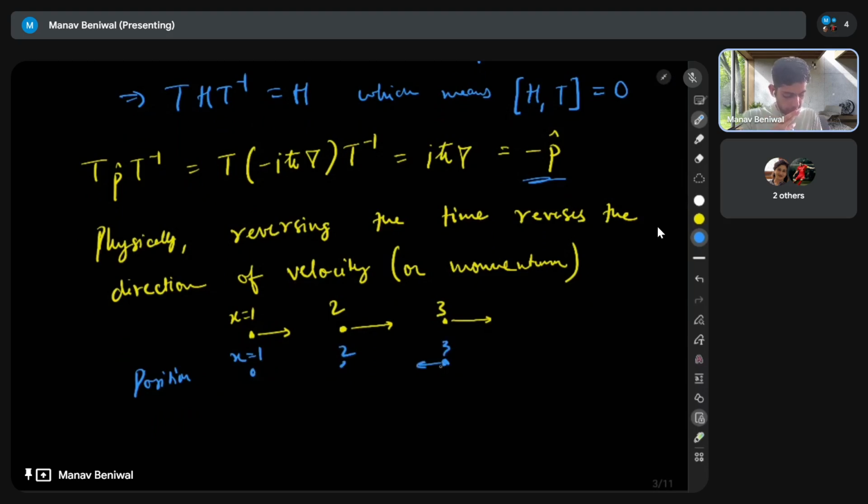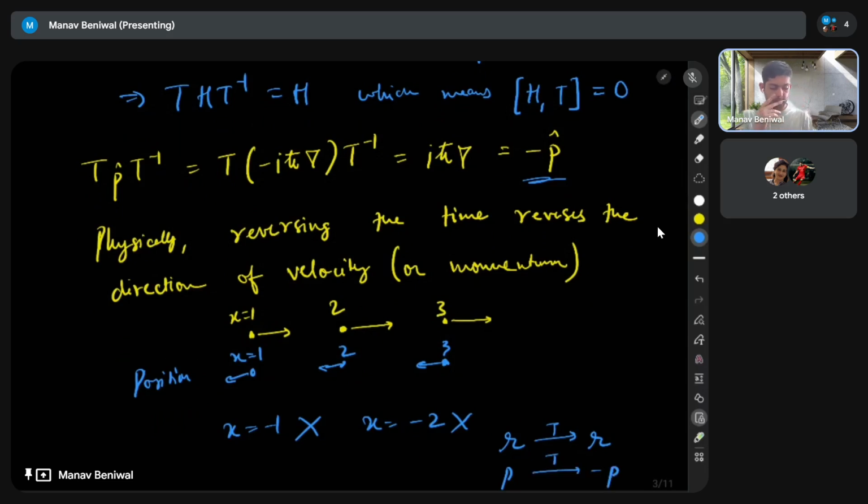Only thing is the velocity is changing. But upon time reversal, this does not mean that our x goes to minus 1. This is wrong, right? And x does not go to minus 2. This is also wrong. So our position x or r upon time reversal stays r, but our velocity or momentum upon time reversal becomes minus p. Is that clear now?